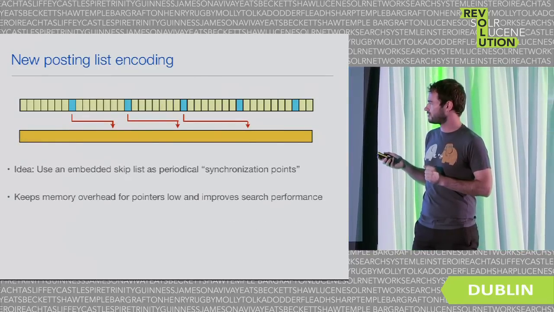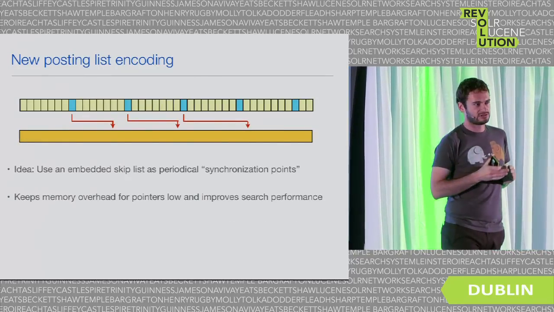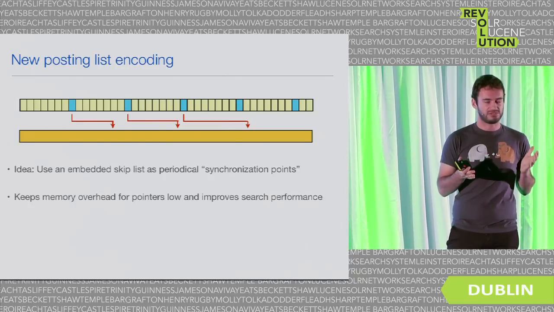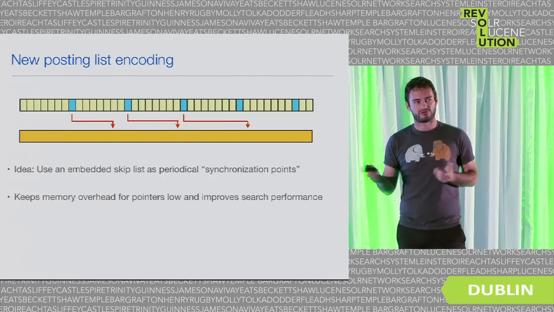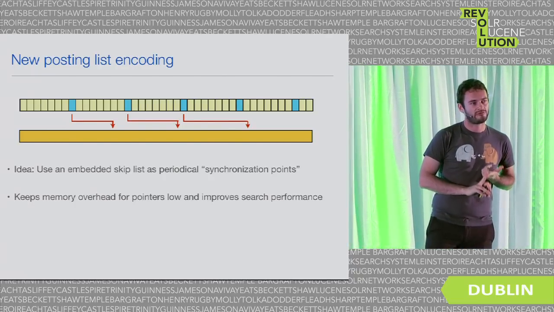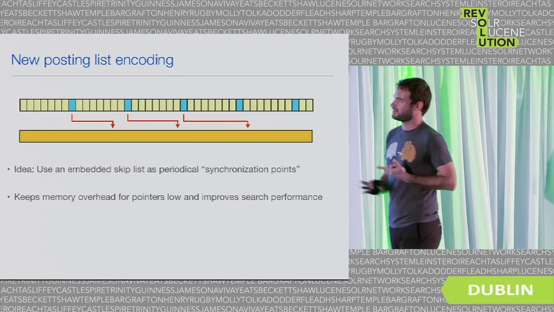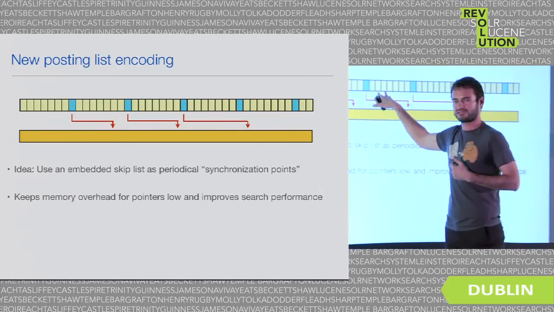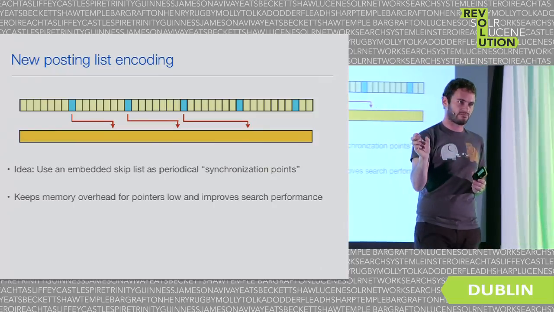Right. So now the idea is to use an embedded skip list. A skip list is something Lucene uses for speed. We introduce them here for two reasons, for speed, but also for these pointers. The idea is that at regular intervals in this doc ID stream, we inject these skip points.